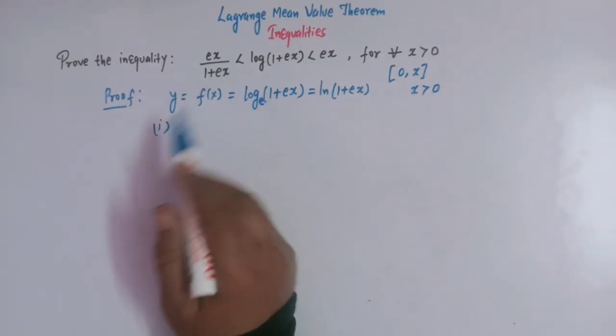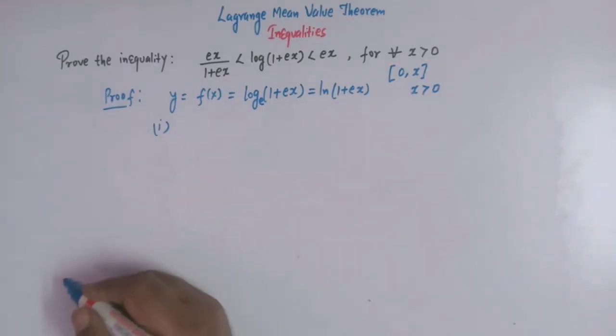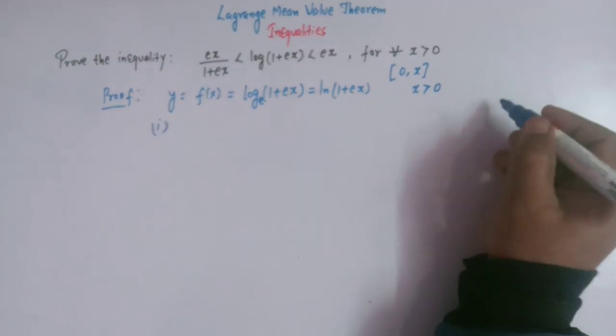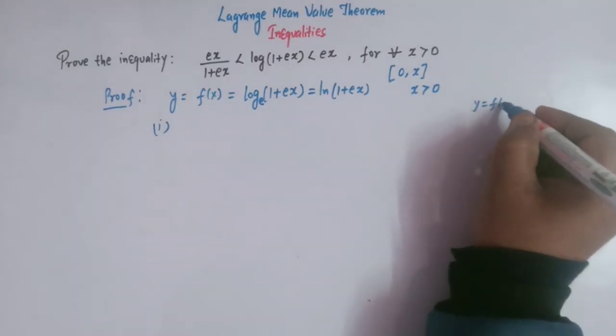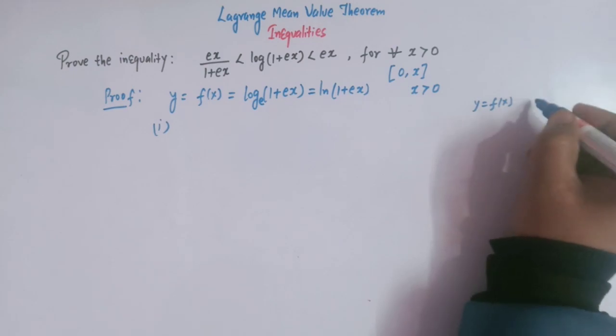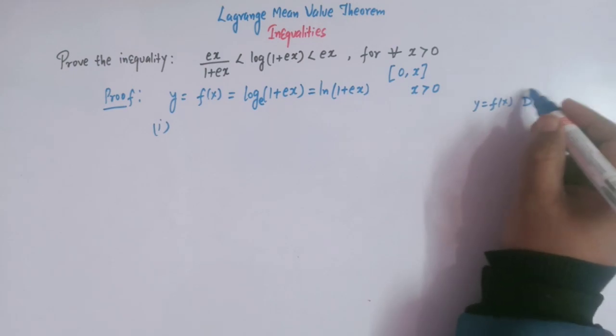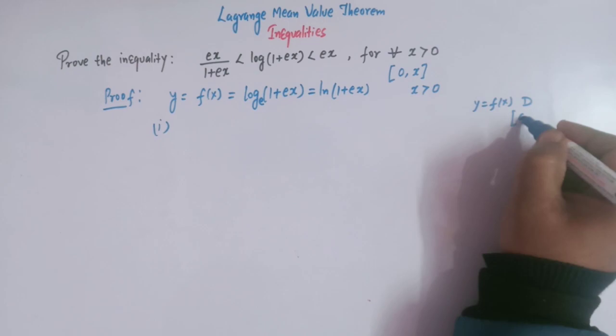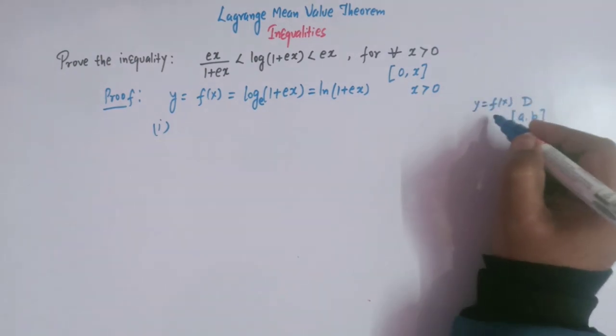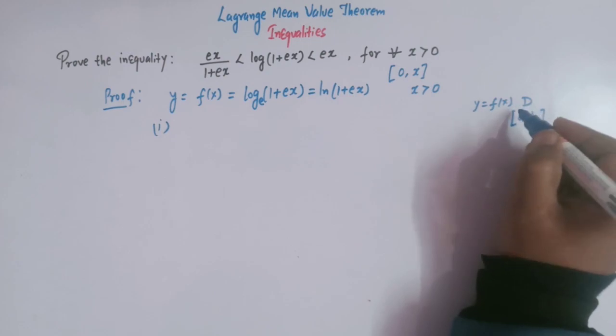So in Lagrange's mean value theorem, what we usually do, we have a function y is equal to f of x defined in its domain D, and we take an interval a comma b, right? And we see whether this function is continuous or differentiable, right?